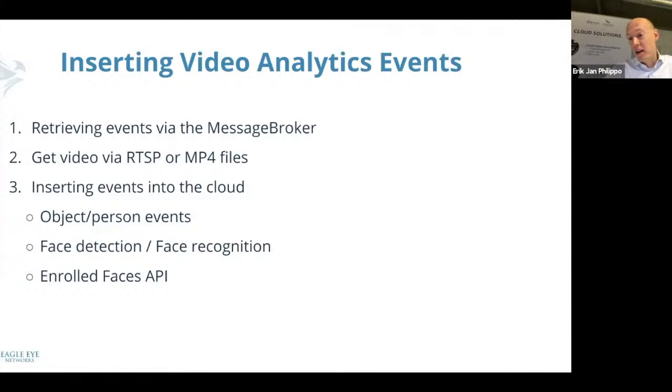We have new API calls to retrieve events through a message broker. It's very easy for developers to get notified if there's, for example, a basic video motion event. Then you can get the video with industry standard streaming methods like RTSP or MP4, and we have an encrypted version of RTSP. That can be used to analyze the video.